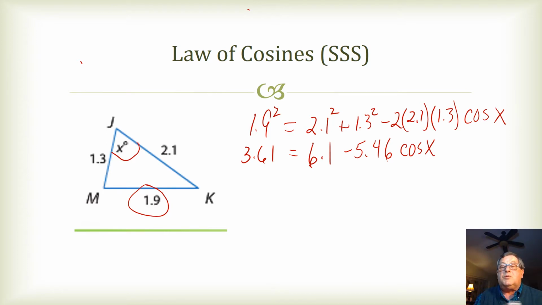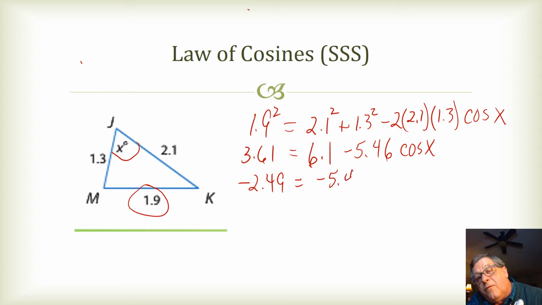Now, I'm going to subtract 6.1 from both sides of this equation. And when I do, I get 3.61 minus 6.1, and that's equal to negative 2.49. And that's now equal to negative 5.46 times the cosine of X. Now we can divide both sides by negative 5.46.